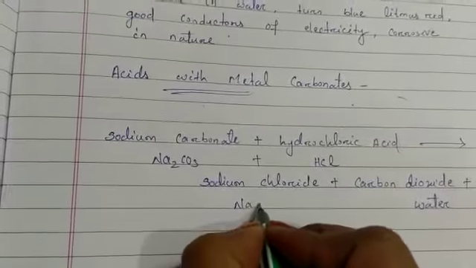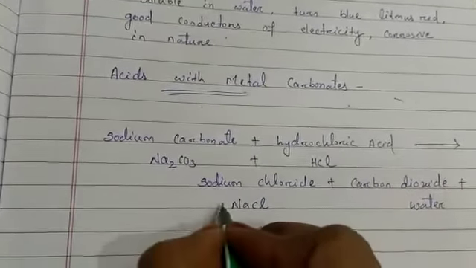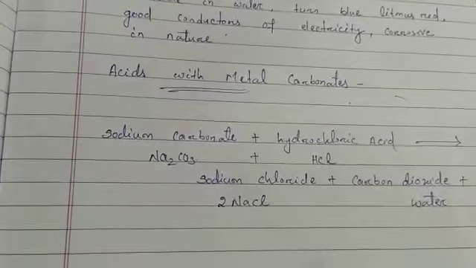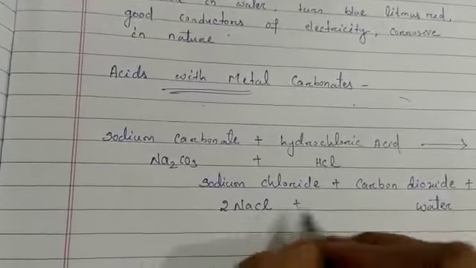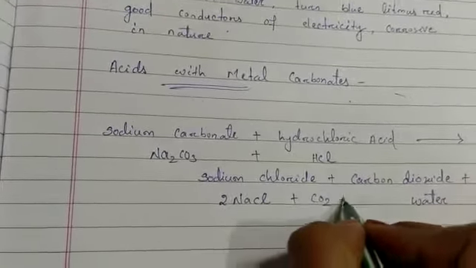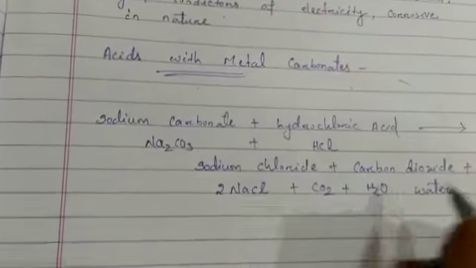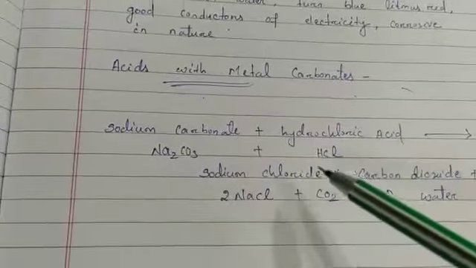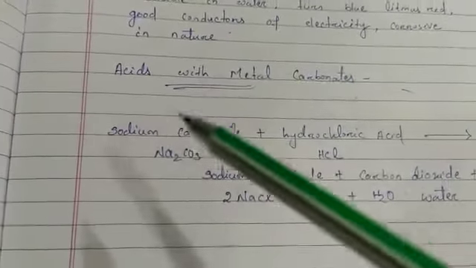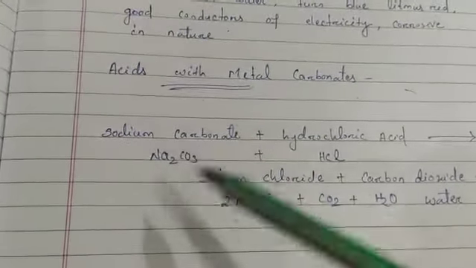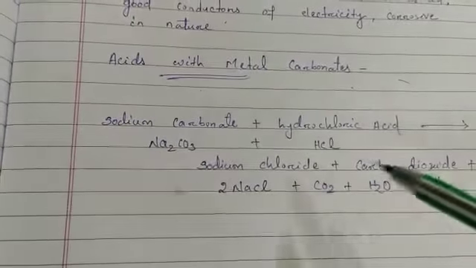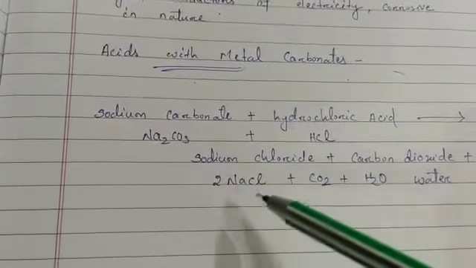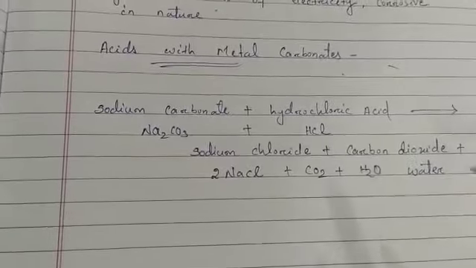Along with this salt, it gives carbon dioxide plus water. So when dilute hydrochloric acid reacts with a metal carbonate, for example sodium carbonate, it gives salt, that is sodium chloride, carbon dioxide and water.